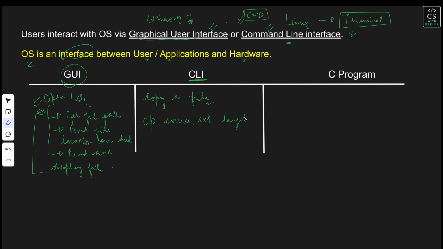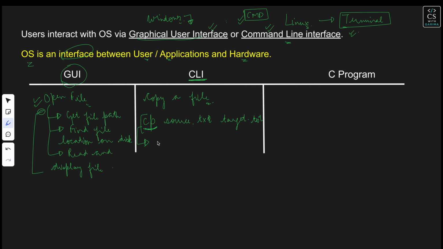Let's call the target file as target.txt. So the cp is a command that the Linux terminal provides us with. Again, let's try to understand what is happening behind the scenes whenever this command is executed.